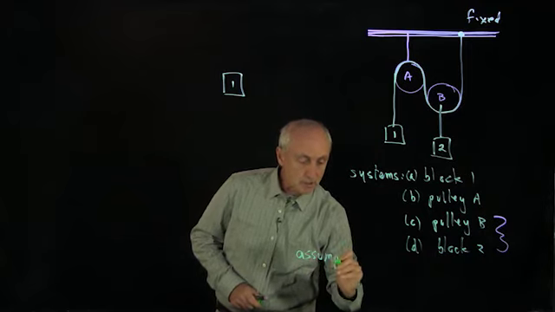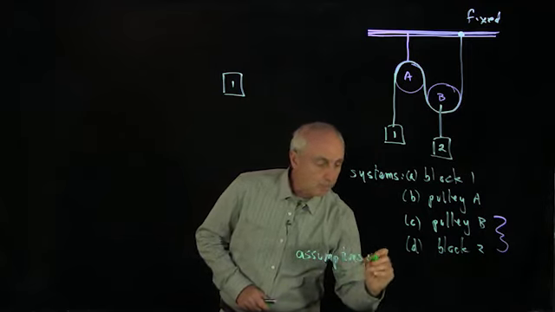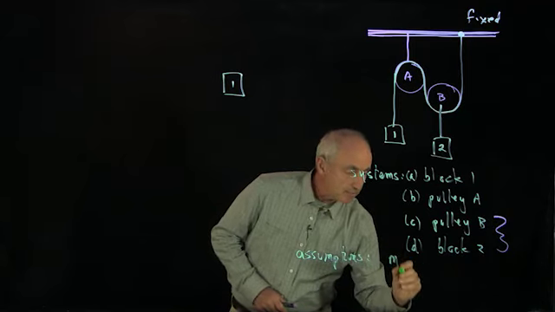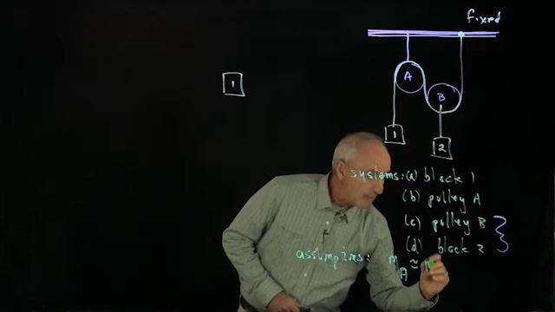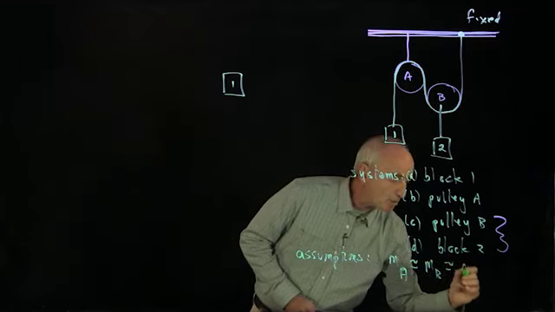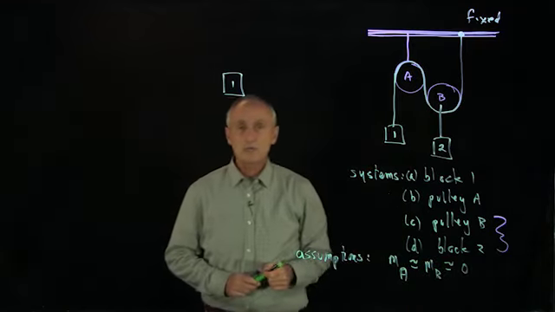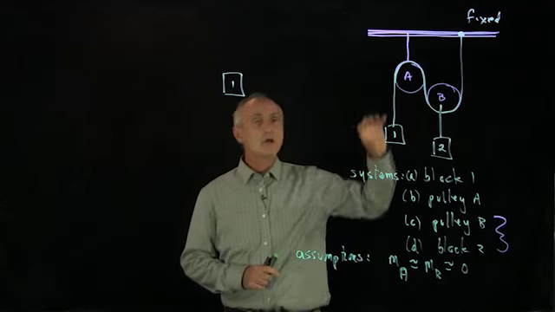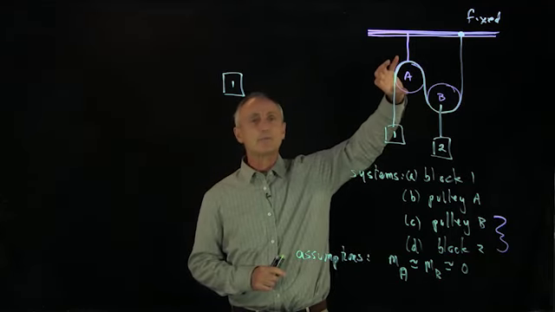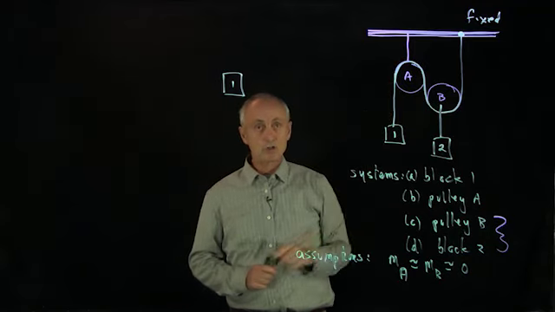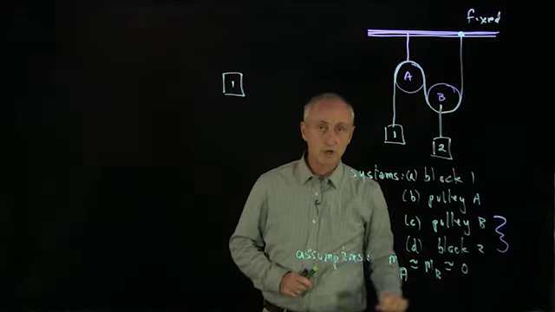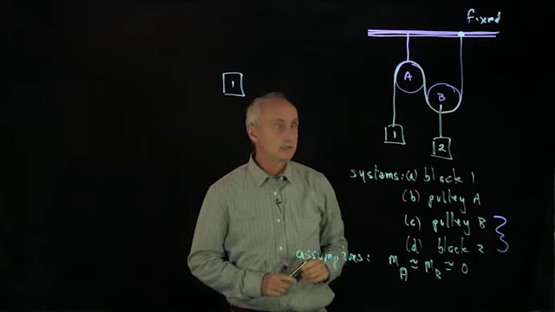Our first assumption will be that the mass M_P of pulley A and the mass of pulley B are approximately 0. Now, the reason for that is that we're not going to consider any of the fact that these objects have to be put into rotational motion. Later on in the course, we'll see that this will give us a more complicated analysis.